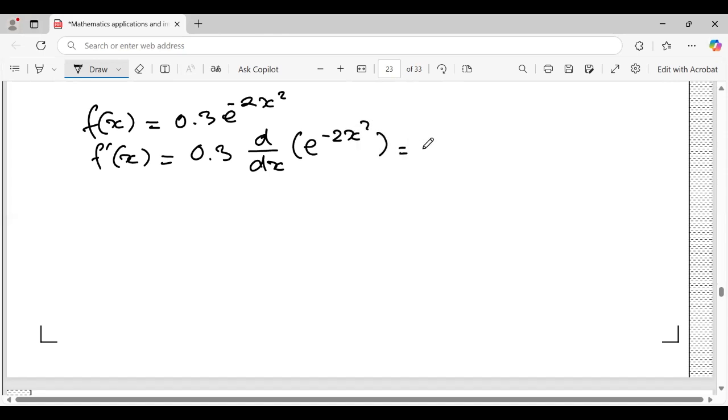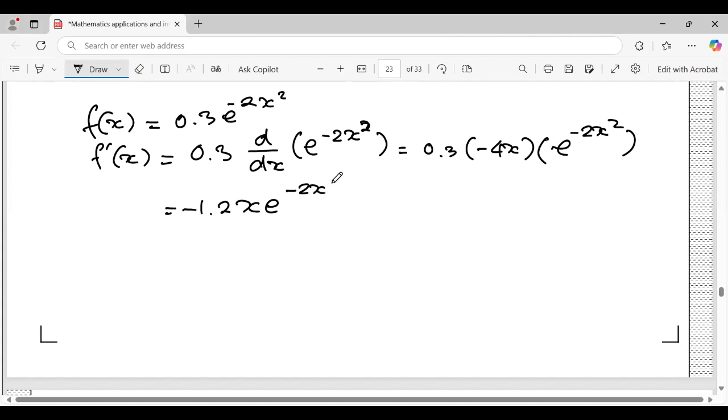So it becomes 0.3 times minus 4x, the derivative of this expression, and the derivative of e is still e to the power minus 2x squared. So it means the derivative is minus 4 times 0.3, which is minus 1.2x e to the power minus 2x squared. So this is the derivative of f(x).